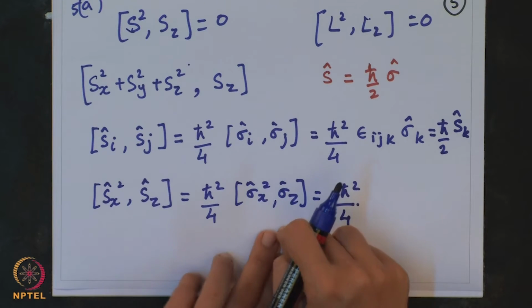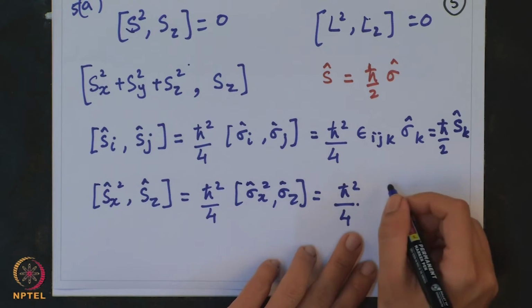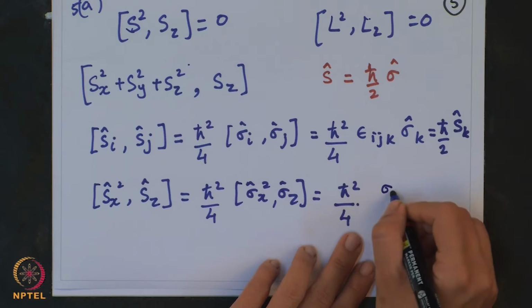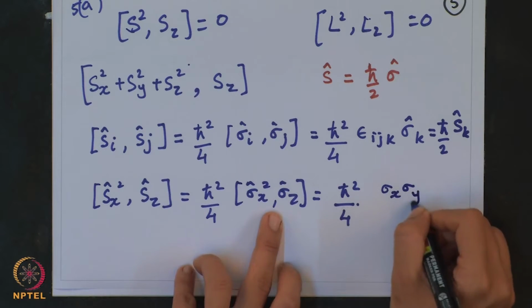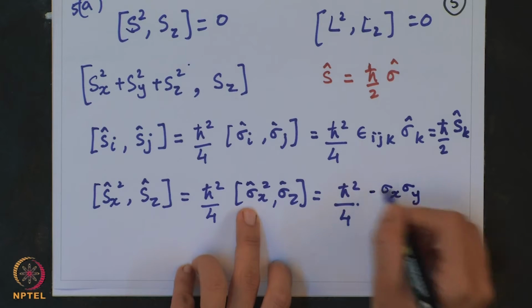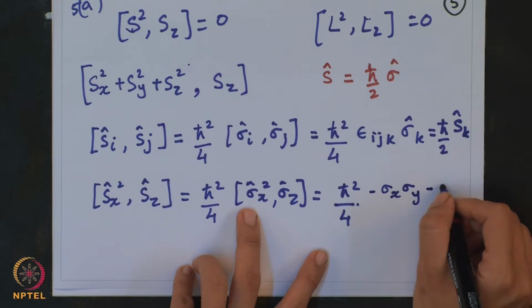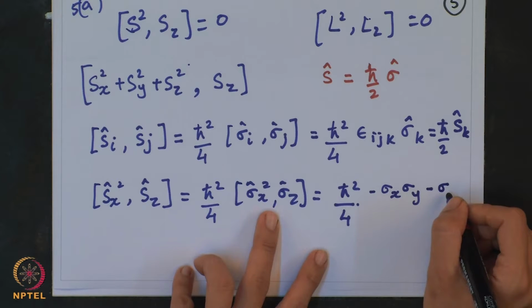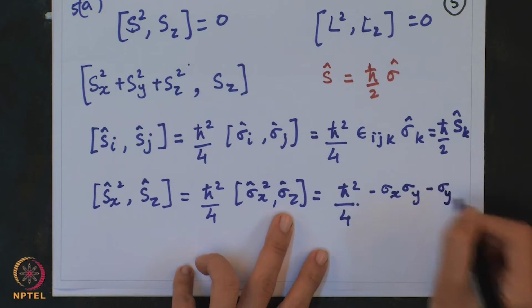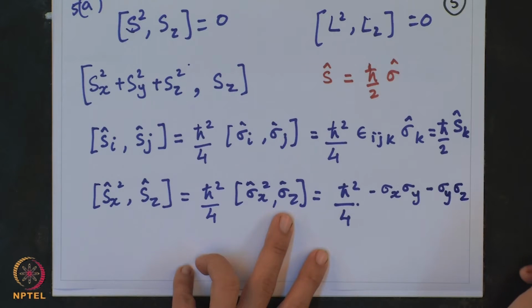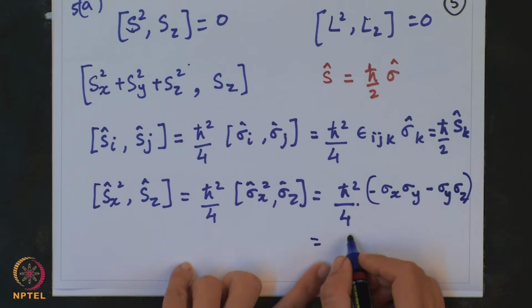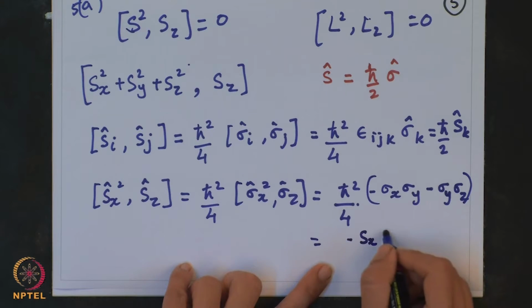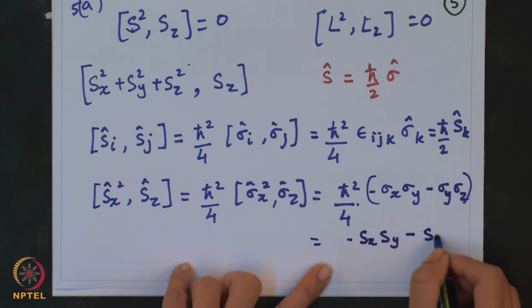If I substitute for this, I can rewrite it as minus Sx Sy minus Sy Sx.